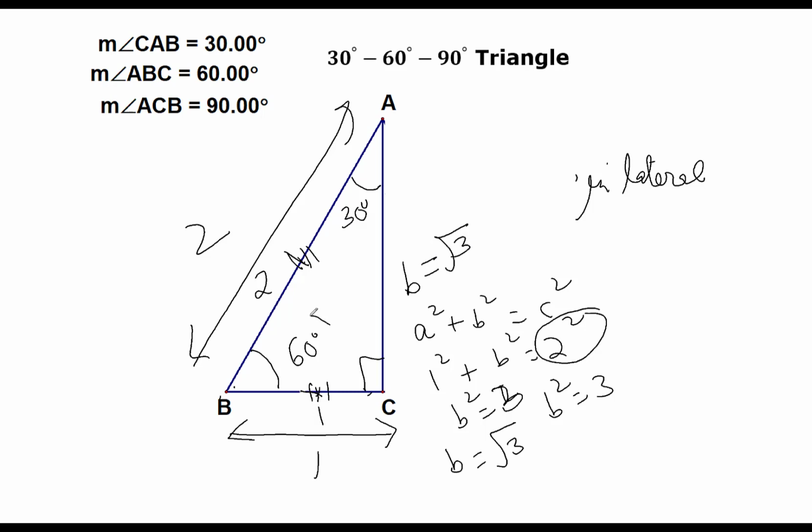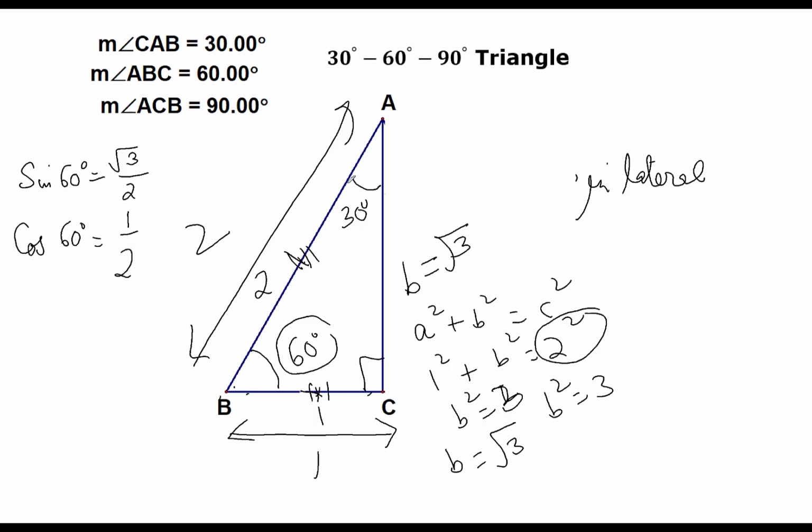If you look at the angle 60 degrees, then sine of 60 degrees is opposite, the square root of 3, over hypotenuse 2, while cosine of 60 degrees is adjacent 1 over hypotenuse 2.